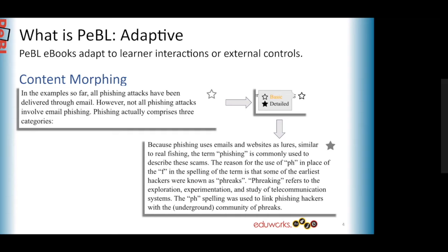But the core capability here is dynamic replacement of text controlled by things that the student does, instructor desires, or external systems. And by the way, external systems don't have to be on separate devices. They can live right next to PeBL on a tablet, a phone, a desktop, wherever you're using your PeBLized learning content.